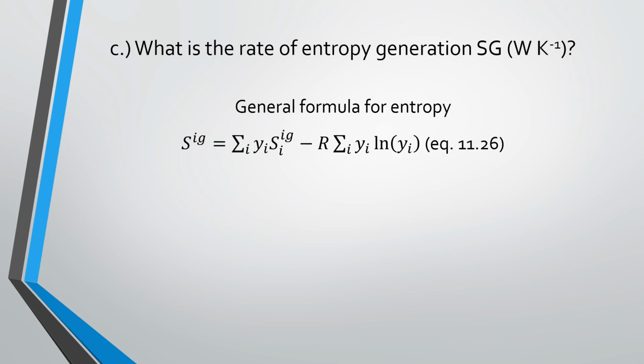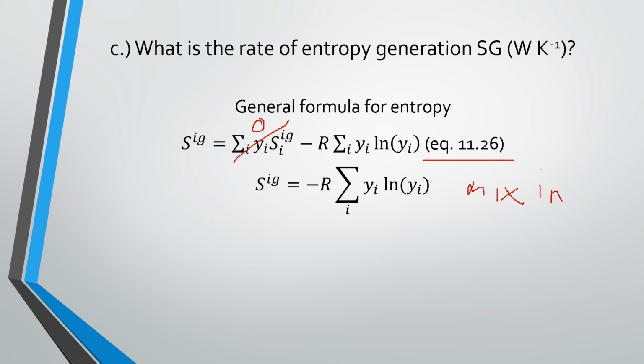This is given by equation 11.26 in the textbook. However, since temperature and pressure remain constant throughout the process, this term can be cancelled out, as no entropy is generated due to changes in the system temperature, pressure, and other conditions. Therefore, the only term left is this, which takes into account the entropy changes due to mixing, or simply, this term is the entropy of mixing.